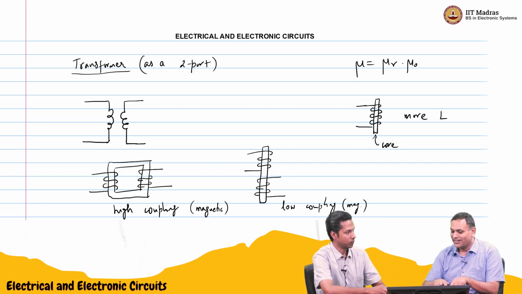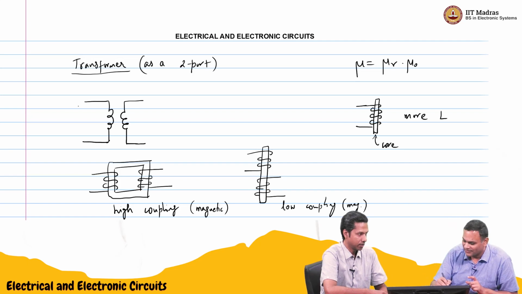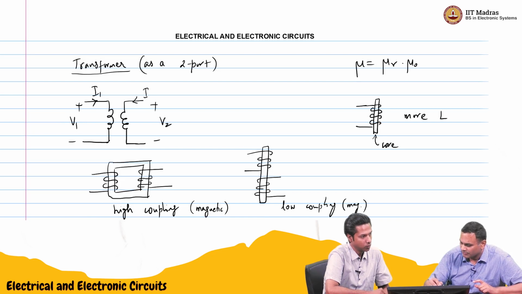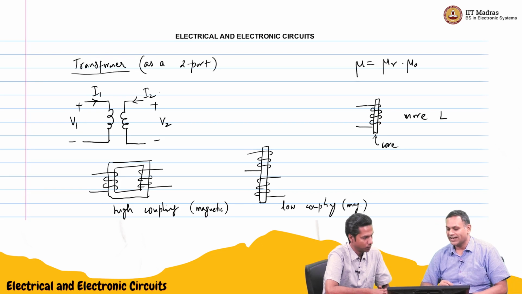You actually get a two-port, with a primary and a secondary, some L1, voltages V1, V2. The current entering is I1 in port 1 and I2 in port 2. So you can treat the transformer as a two-port as well.